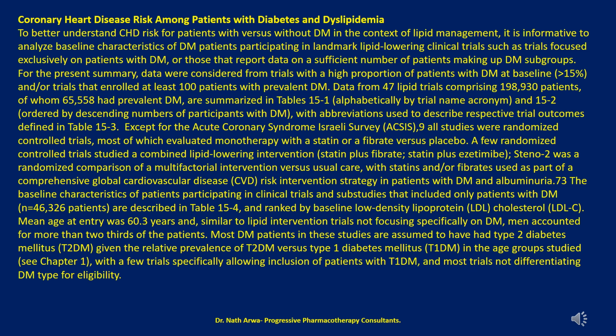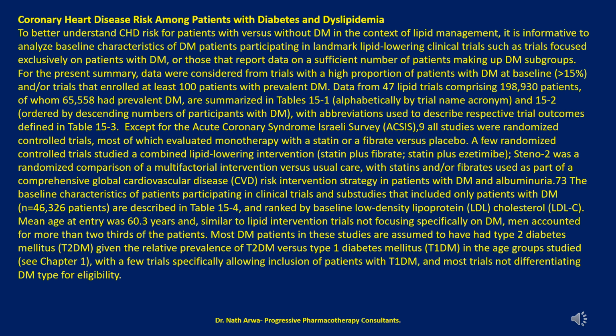STENO2 was a randomized comparison of a multifactorial intervention versus usual care, with statins and/or fibrates used as part of a comprehensive global cardiovascular disease, abbreviated as CVD, risk intervention strategy in patients with diabetes mellitus and albuminuria.